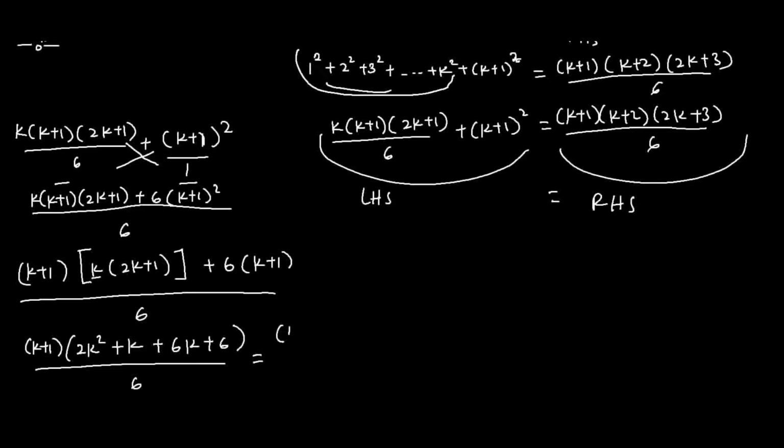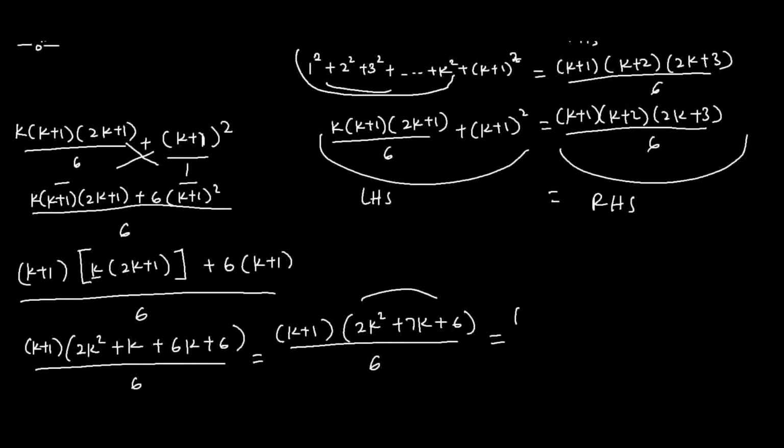We have k plus 1, then let's simplify what you have in this bracket here. That gives 2k squared plus 7k plus 6, all divided by 6. Let's focus on what you have in this bracket here.